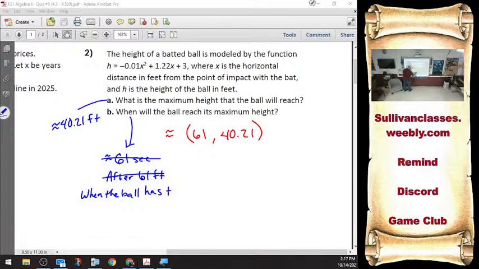Yeah, how can you tell if you should have a range? It says that x is not equal to this. If it did, it says. When the ball has traveled 61 feet that way, it will reach its maximum height of about 40 feet. Okay.